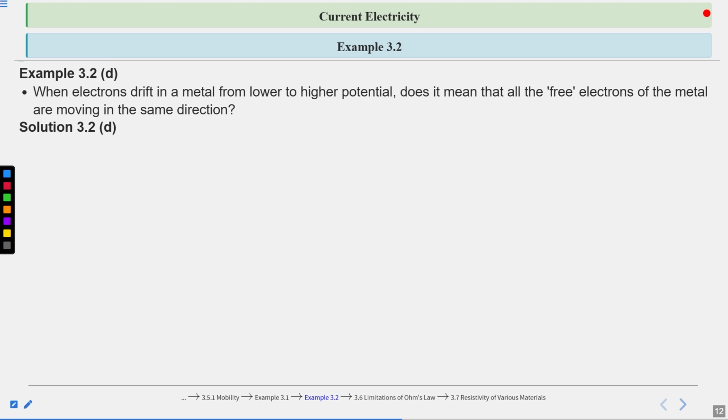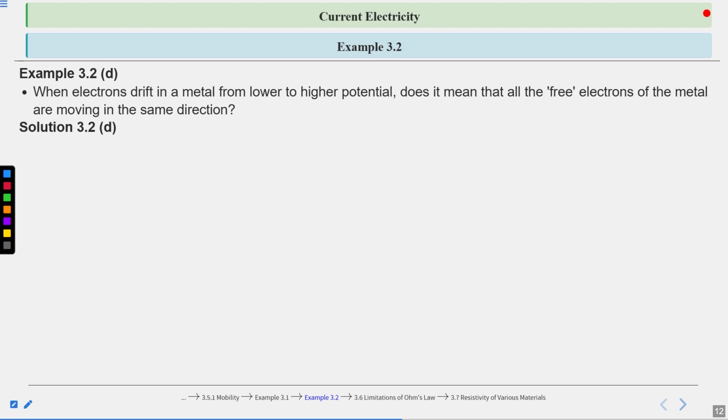That's why all the electrons are not moving in the same direction of increasing potential. Also, we have seen in one diagram in our previous lecture a blue line path which the electron follows in the absence of an electric field, and a dotted path which the electron follows in the presence of an electric field.